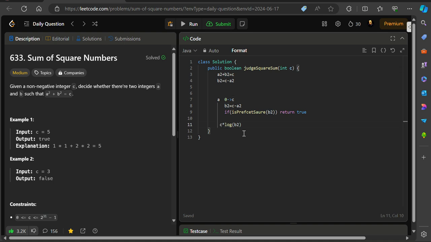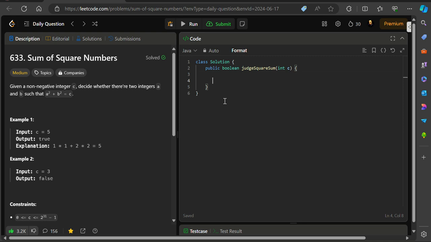So let's code this up. We have a equals to 0, we can take 0 as well because 0 is also possible. A plus plus. Now we have B. Now B will be C minus A square, right?